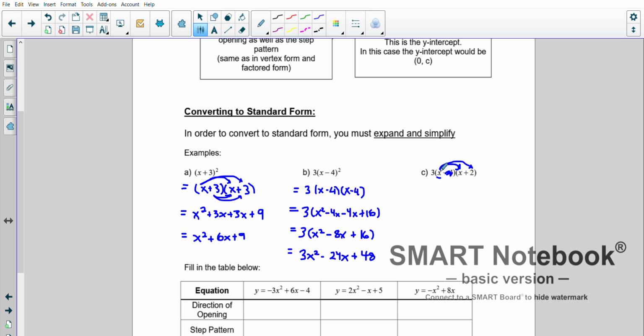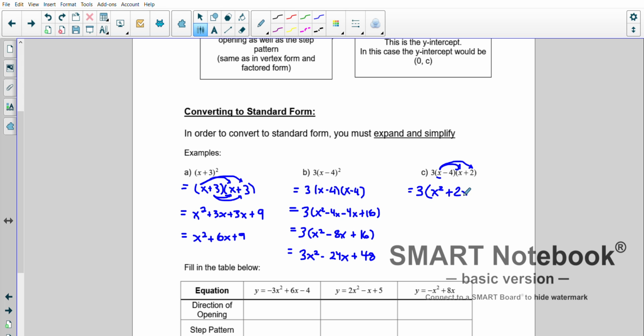And you're just doing a distributive property with the x. So you would get 3, we'll leave that on the outside. x times x is x squared. And then x times 2 is 2x.